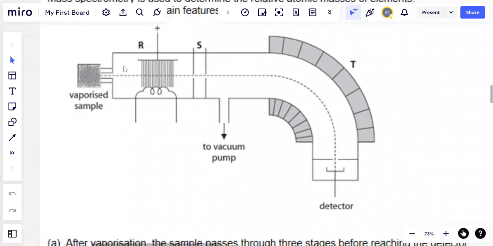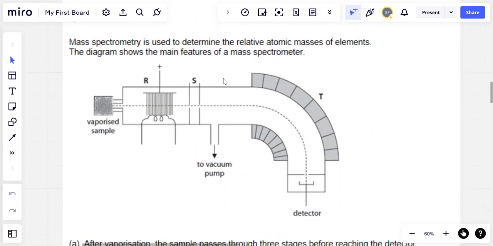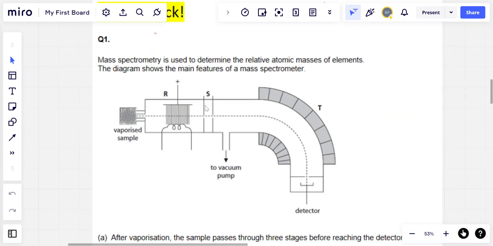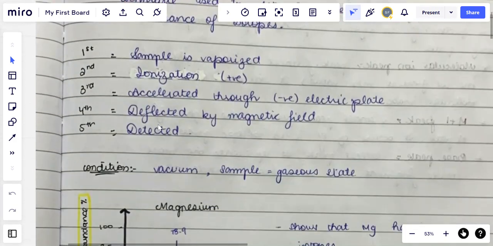And this is exactly what a mass spectrometer looks like. So you put your vaporized sample here, then it gets ionized, then it gets accelerated, and then it gets deflected, and then it gets detected. So what causes ionization? Basically, you bombard electrons into it, and once electrons collide with the sample, your sample gets ionized and turns into a positive ion.